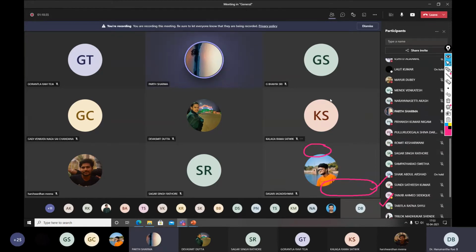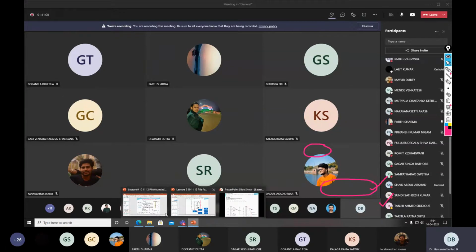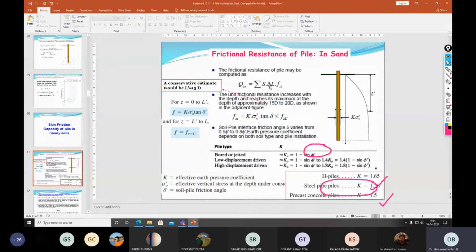Sigma S delta L Fz. Just look into the handout and say what is the equation. For frictional resistance, load Q is equal to sigma fsz into delta L. Okay, so this is the equation.